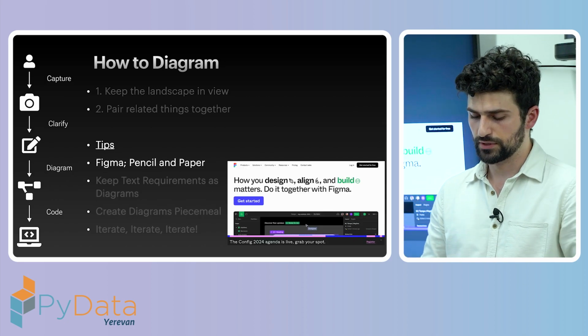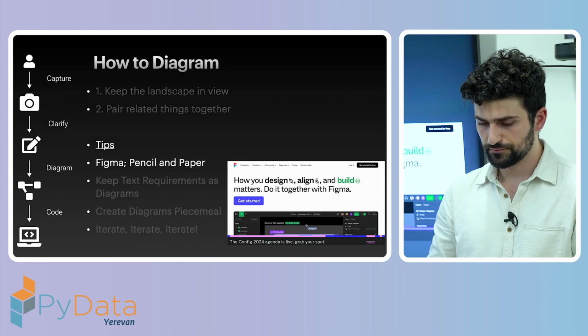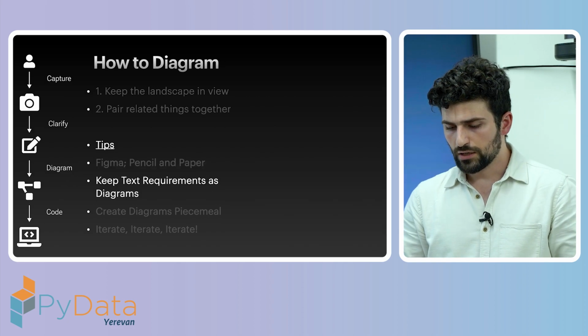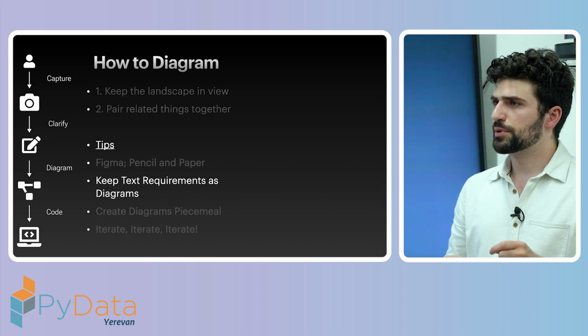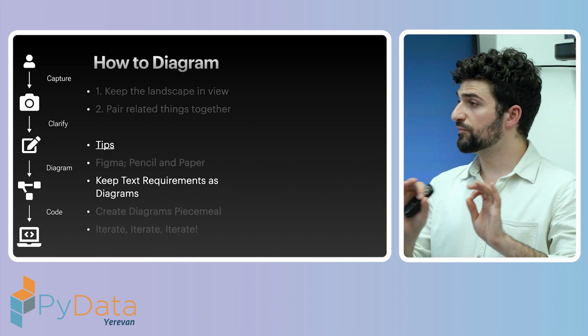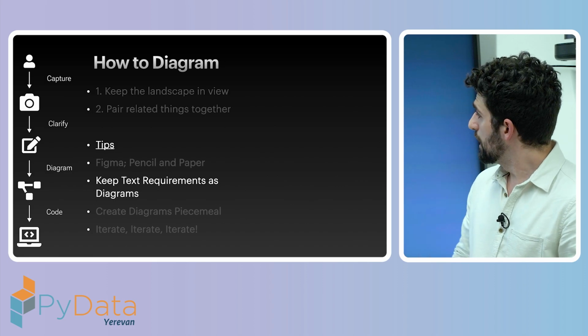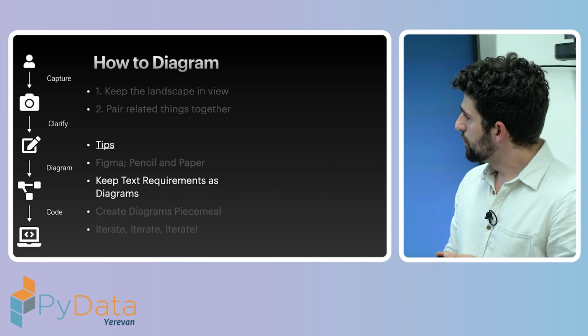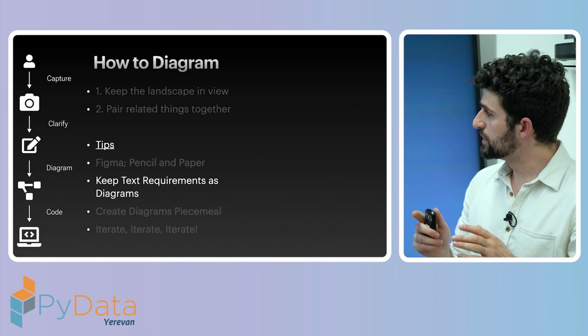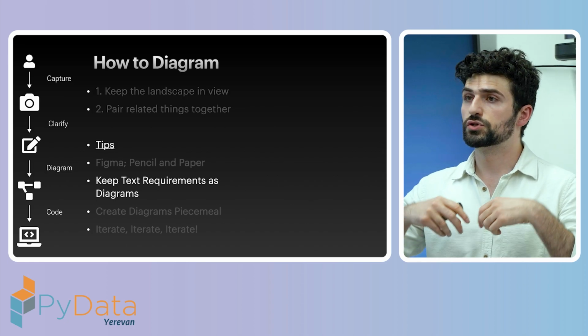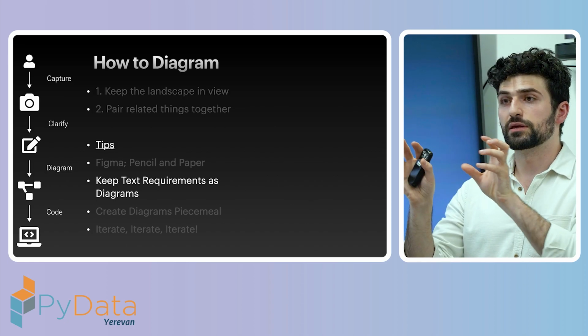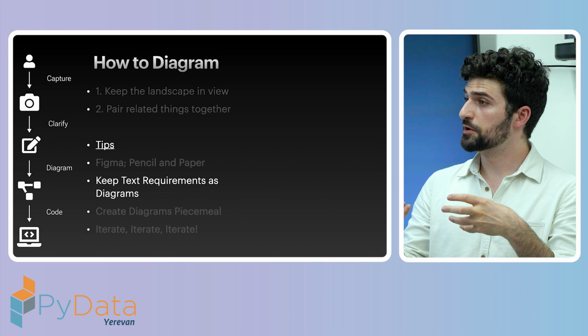Yeah, and this is what Figma looks like. One little tip is that, clarifying, we talked about the clarification step, you can see it here. One thing to note is sometimes it's actually better to represent the requirement as a picture.